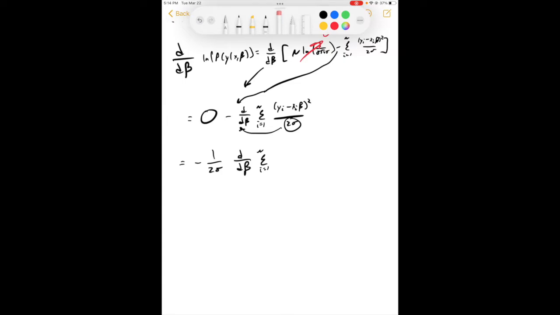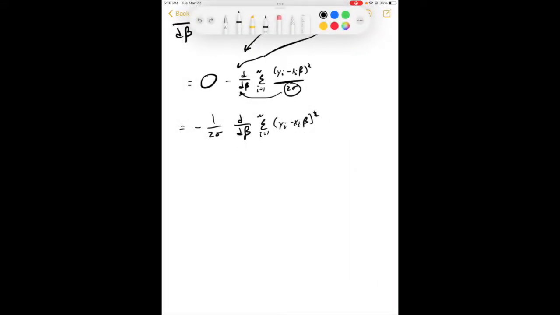I'm going to write that a little bit differently down here. We were taking the derivative with respect to beta of this. Now if you think back to when we were talking about OLS, this is actually equal to y minus x beta, when they are vectors and x is a matrix, times, sorry, the transpose of y minus x beta.